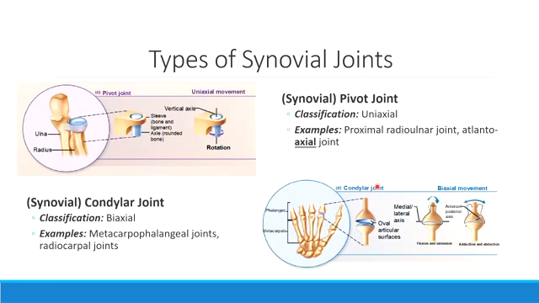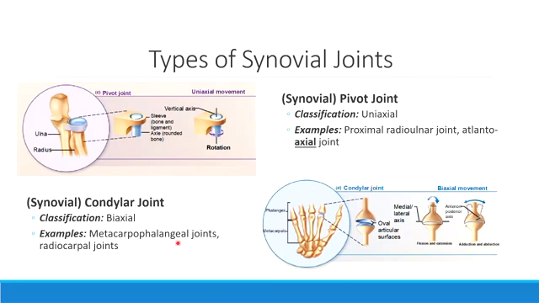So good examples of the condylar joints, big long words here, metacarpophalangeal joints, metacarpals, phalanges, metacarpophalangeal knuckles. Knuckles can go forward, backwards. They can go side to side, moving your fingers.